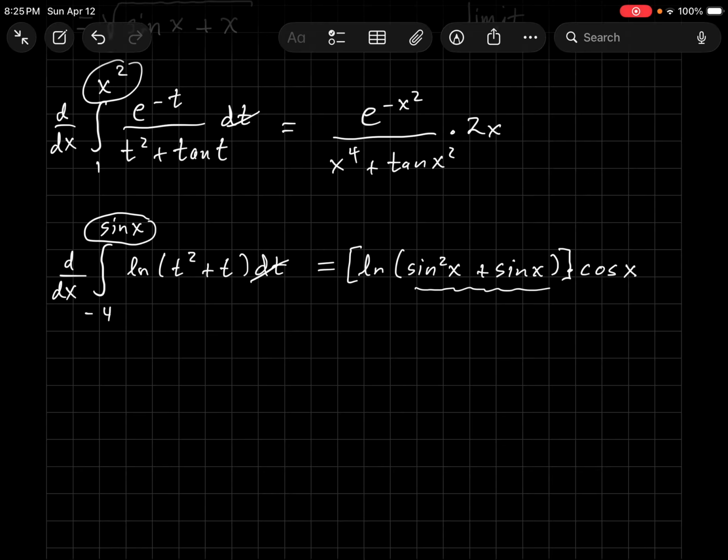One more problem. We'll call this a bonus problem. What if we want to do the integral from x to cosine of x of, say, e to the t squared dt, and then we want to take its derivative. What do you think we should do?